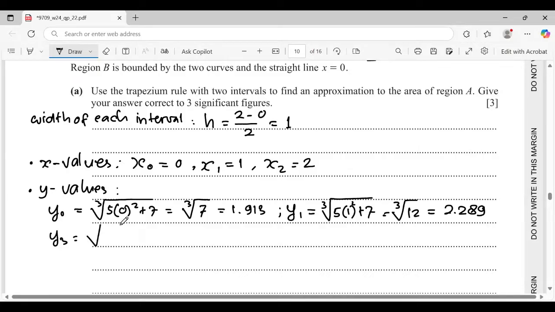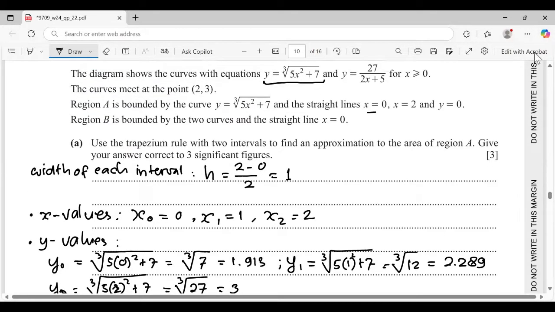And then y2 is the cube root of 5 times 2 squared plus 7. Sorry, not 2, 2 here. So 2 here. It's going to be the cube root of 27, okay, equals 20 plus 7, and it is 3.